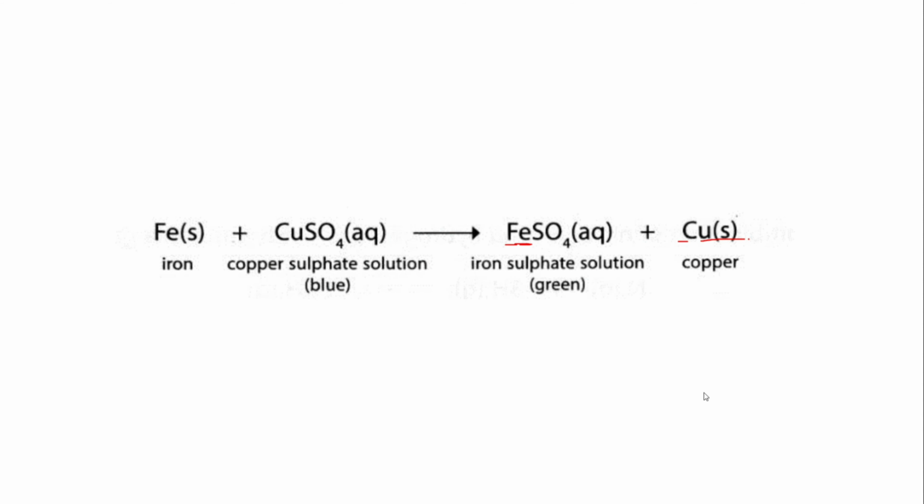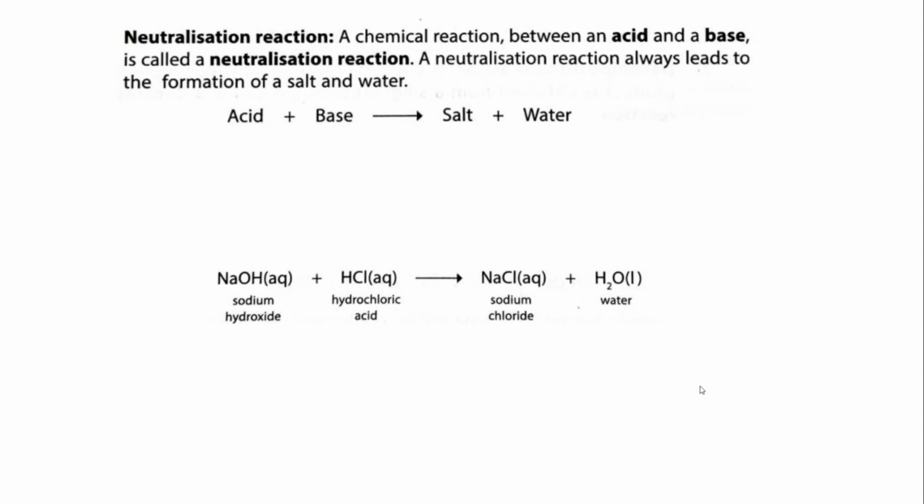Now comes the last type of reaction, which is last but not the least, the neutralization reaction. It is a type of chemical reaction between an acid and a base, and this type of chemical reaction is known as neutralization reaction. When they react with each other, they form salt and water.